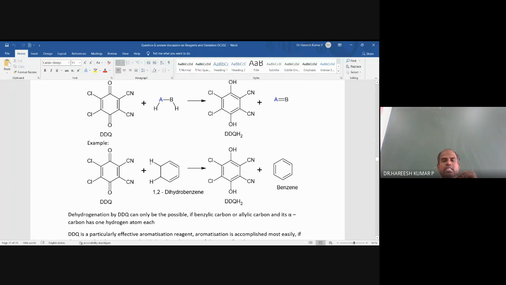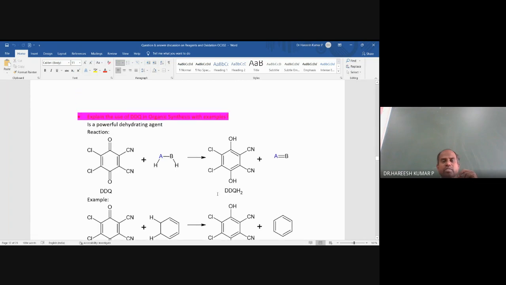This H and this H are taken up by DDQ, converted into DDQH2. We can also call these benzoquinone and hydroquinone. This is the oxidized form and this is the reduced form. Dihydrobenzene is converted into benzene. So this is the general example.